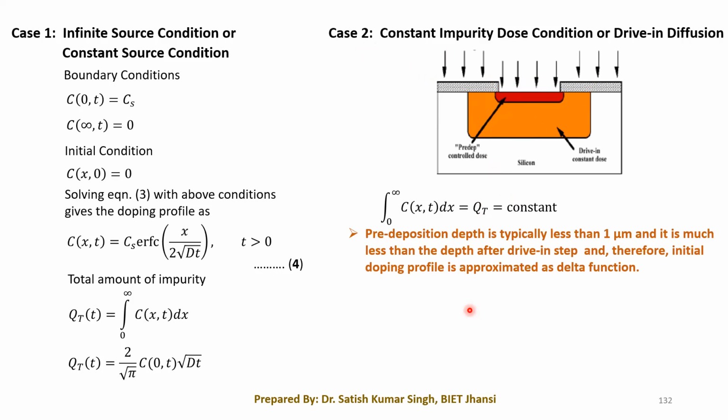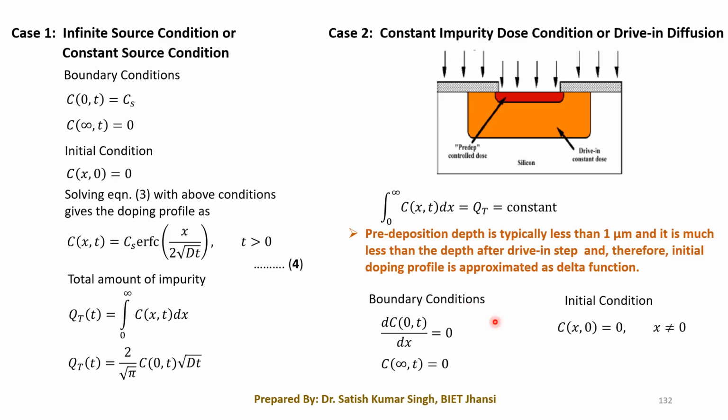So basically, the pre-deposition depth profile is considered as the initial doping profile and approximated as a delta function. Based on that delta function, we can write certain boundary conditions. For the first boundary condition, at x equals 0 the concentration is a constant, and its differential value is 0. At infinity, this value is again equal to 0, obviously.